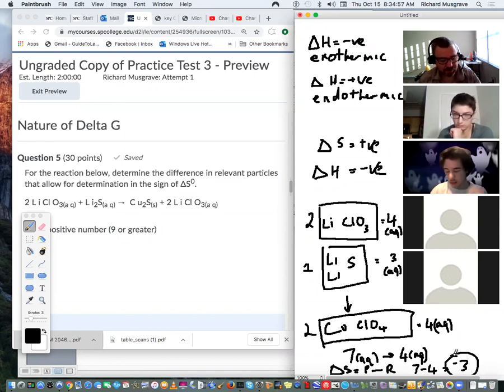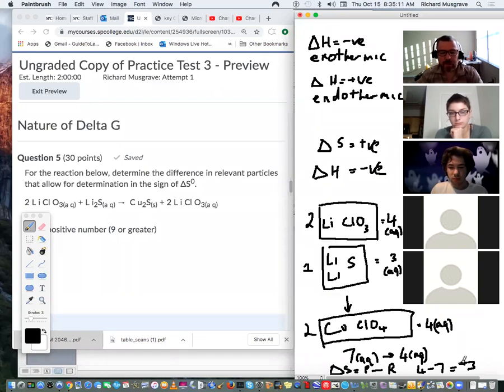Sorry, 4 minus 7. Sorry about that. 4 minus 7, which is -3. Now, on an intuitive basis, you can see that we're decreasing entropy. So that's how we're getting this negative value here. So it'd be 4 minus 7 is -3.